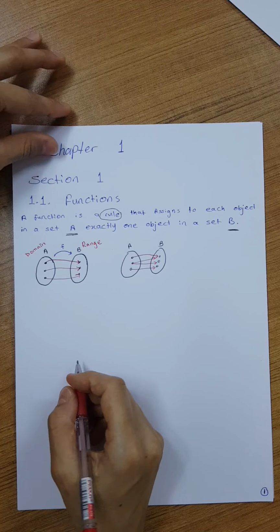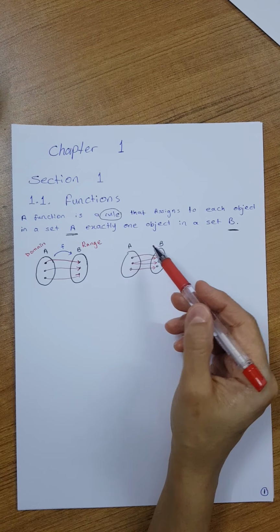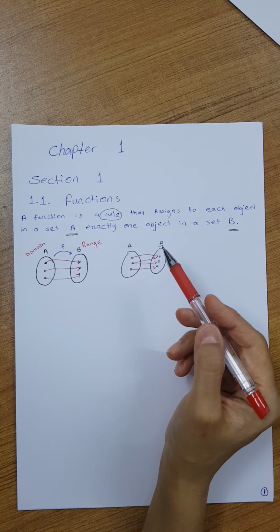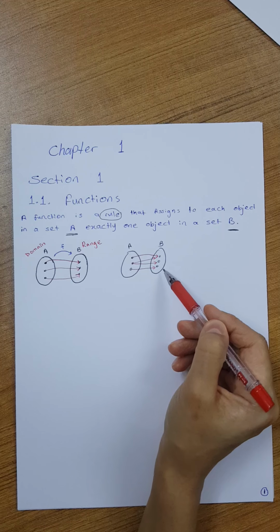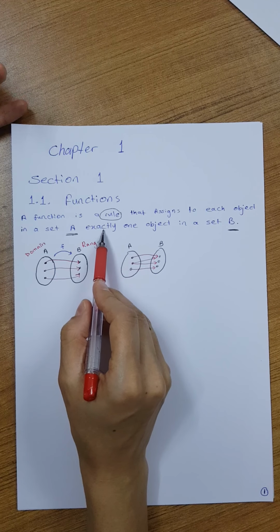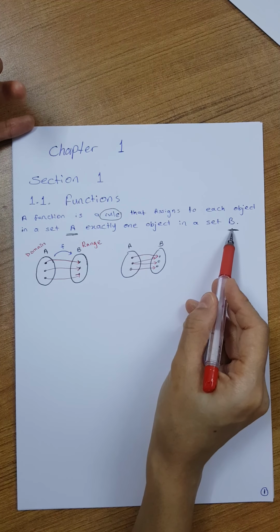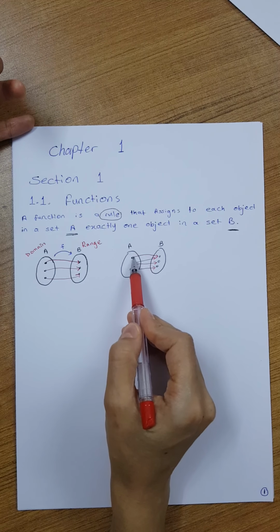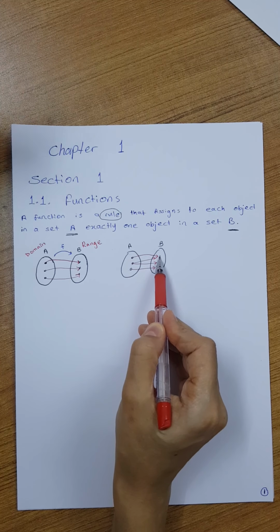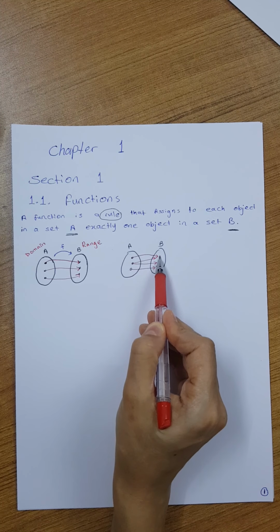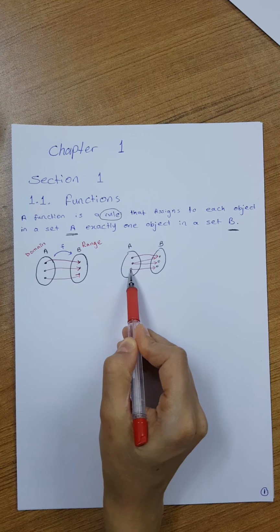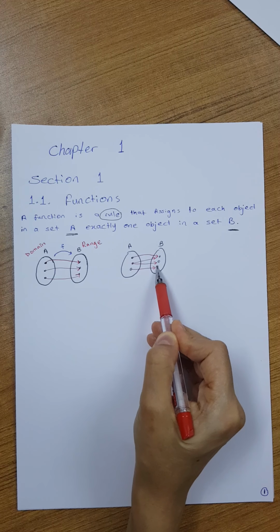Look, if we come to the definition, it says every element must be connected. I have got 3 elements, all of the 3 elements are connected. But I have got something else here, it says exactly one object in set B. So each element must be connected to only one element in set B. If I look at this one, it's connected to only one element in here. If I look at this one, it is connected to only one element in set B.